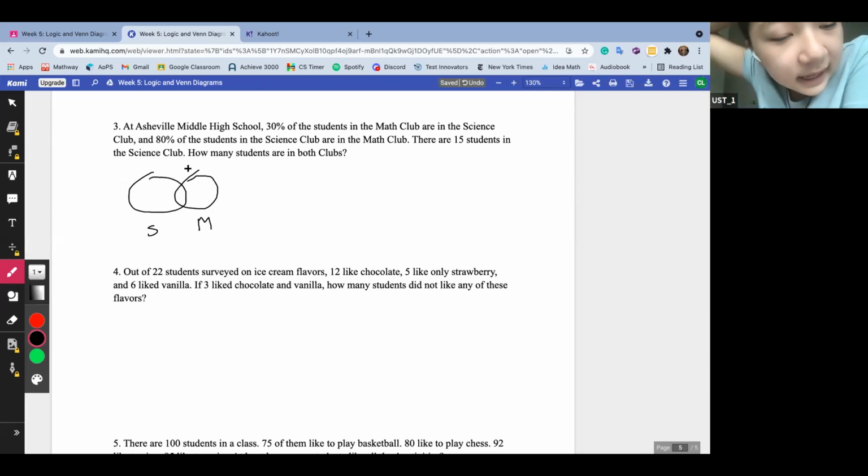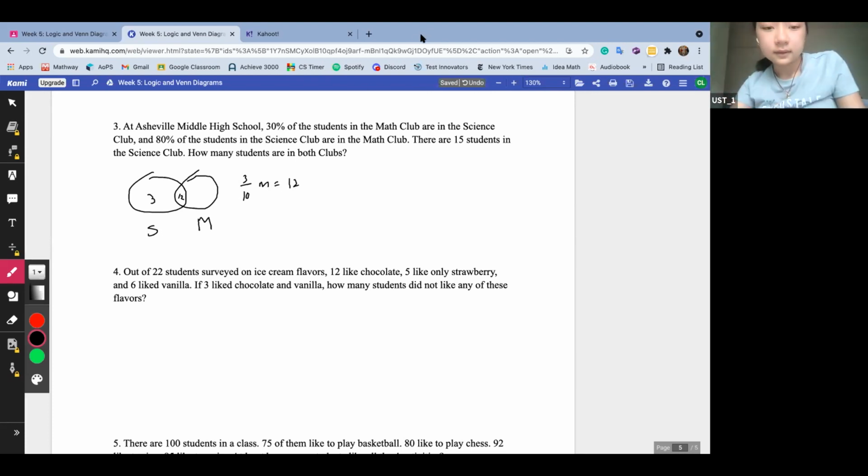So 80% of 15 is 12, which means there's 12 here and 3 over here. And then we have 30% of, let's say M is the number of people in the math club. 30% of M, which is 3/10 M, equals 12.